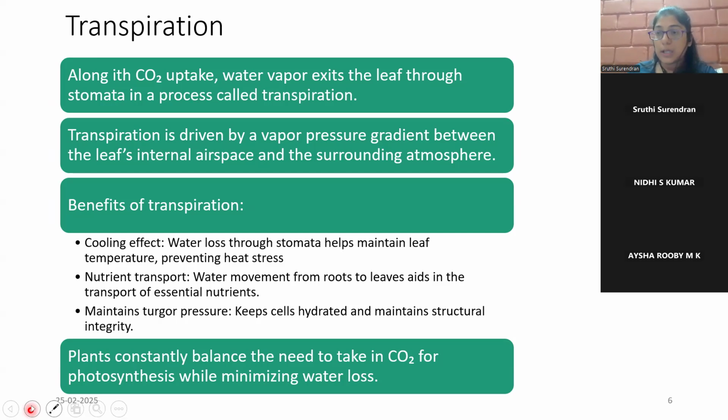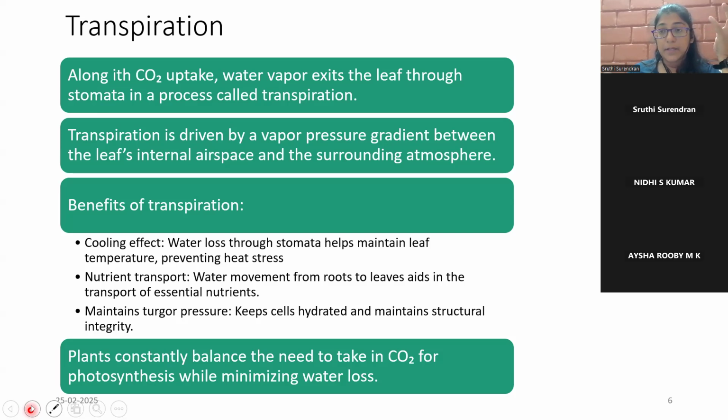Now, another totally different process that involves gas exchange is the exchange of water vapor between the atmosphere and the leaf. This process is called transpiration, where water is not taken in by the leaves, it is lost from the inside of the leaf. Water vapor is going out into the atmosphere through these tiny pores called stomata, and this process is called transpiration.